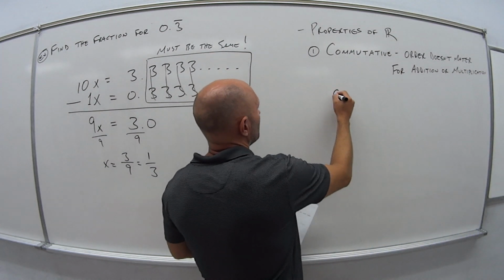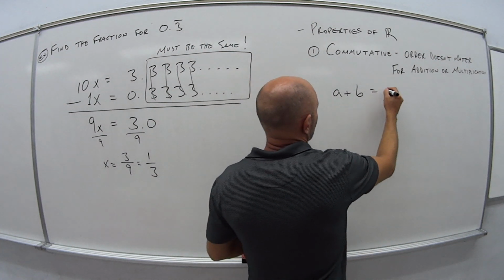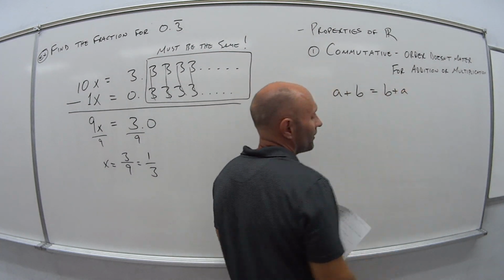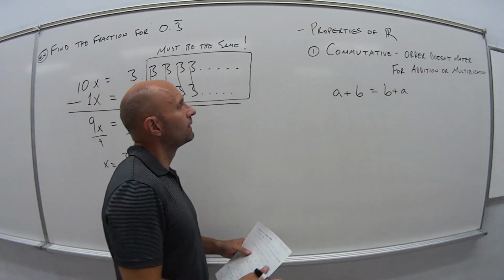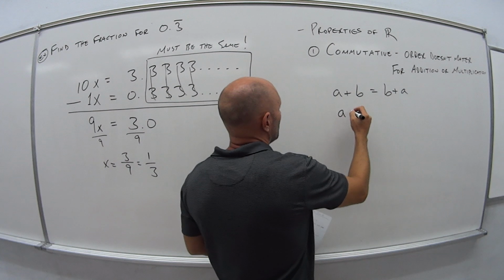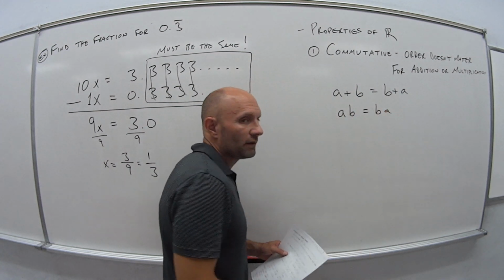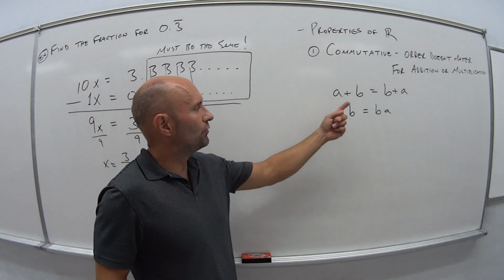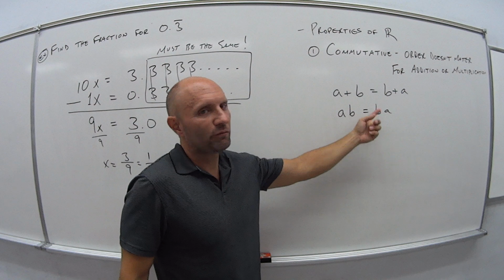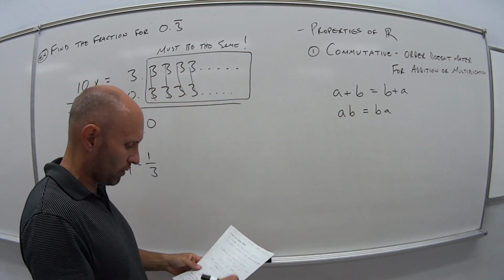So if I have some number A plus some real number B, it's the same as B plus A. The order doesn't matter. Or if I have A times B, it's the same as B times A. Again, the order doesn't matter. 2 times 3 is the same as 3 times 2. It's commutative. The order doesn't matter for addition and multiplication only.